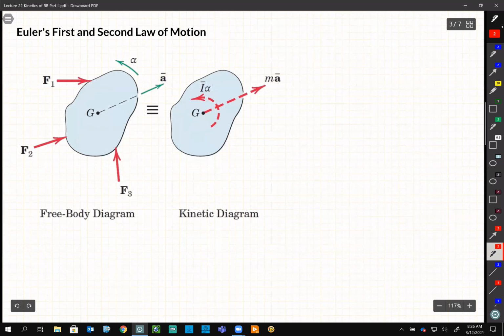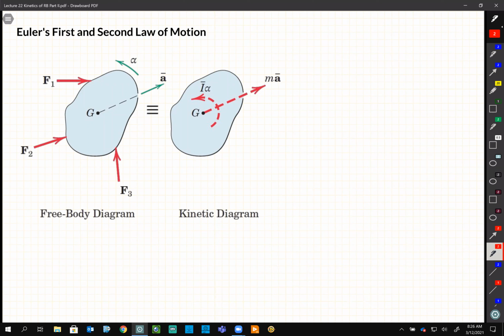Okay, so let's see what this chapter is about. It's about Euler's law. Euler, a scientist like Newton who gave us the equation for a particle, came and said, what about a rigid body?